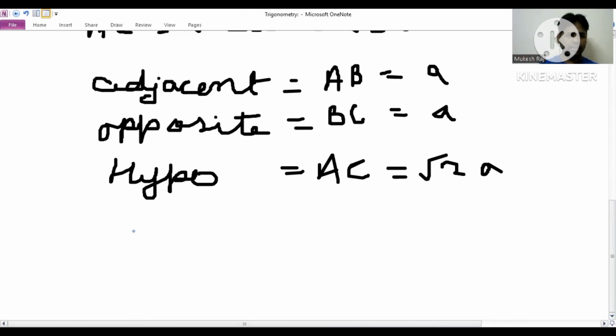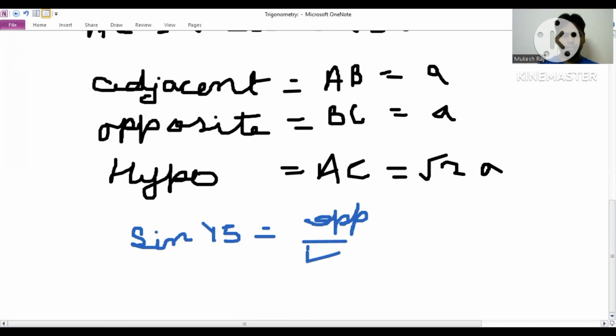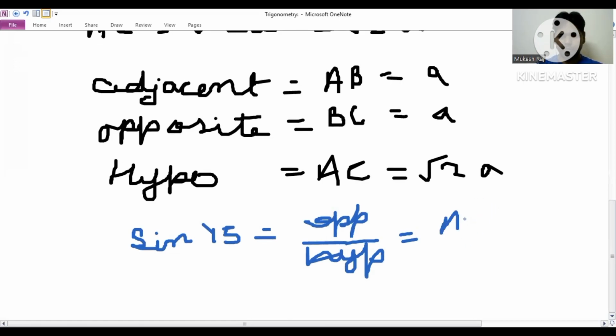With these values, let us move ahead and get the trigonometric ratios. For the first one, that is sine of A, sine 45. Sine 45 is equal to opposite by hypotenuse, which is equal to AB upon AC. Hypotenuse is AC.